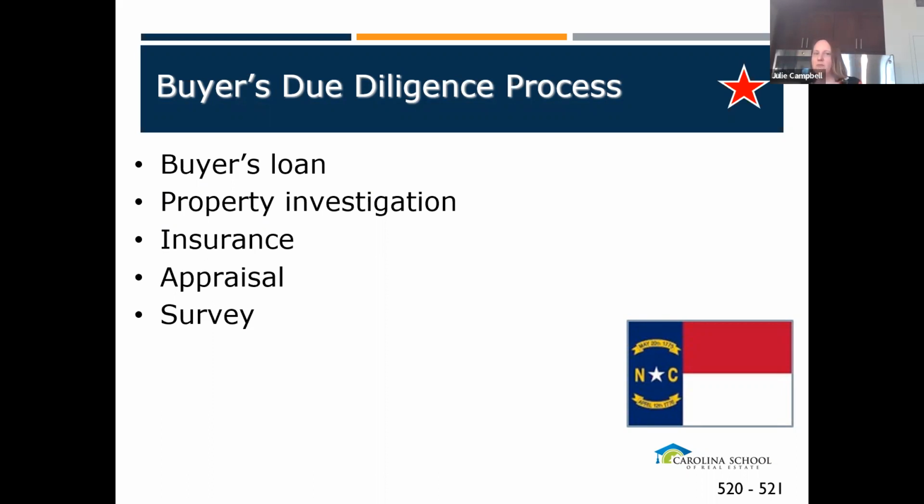I tend to think of the home inspector as like your general practitioner. You go to the doctor for your annual checkup. If your general practitioner finds something that throws up a red flag, don't they send you to a specialist? Don't they send you to another doctor to investigate further? That's kind of what the home inspector does. The home inspector will say, there's an issue with the electrical.